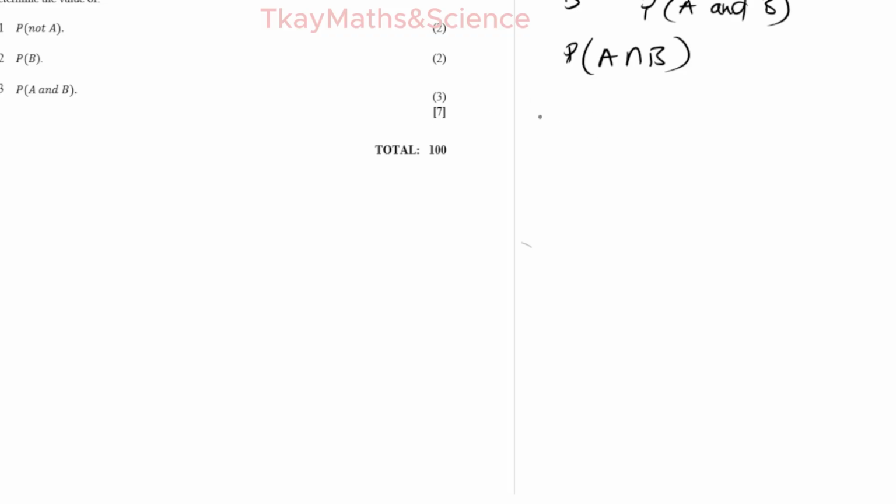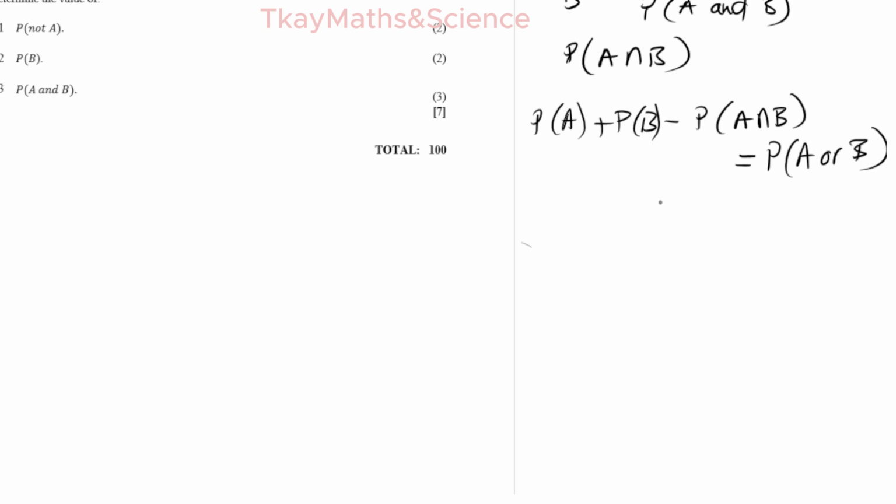We use this identity, which is the probability of getting A plus the probability of getting B minus the probability of getting A intersection B is equal to the probability of getting A or B, right? So on this one, we have the probability of getting A, the probability of getting B, but we don't have this one.